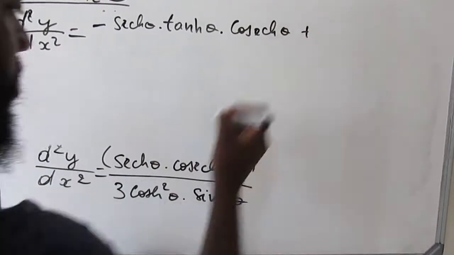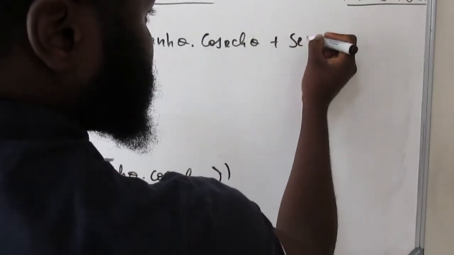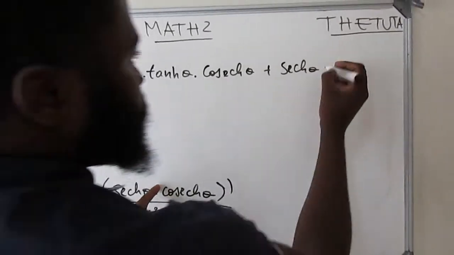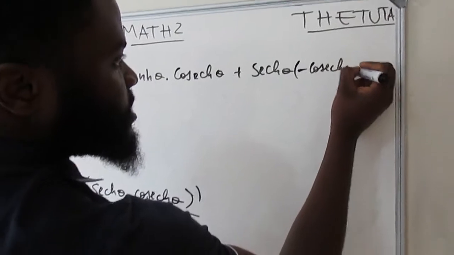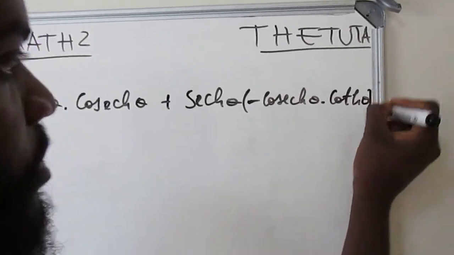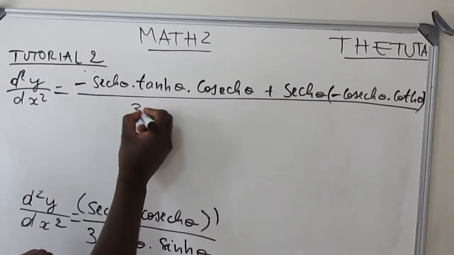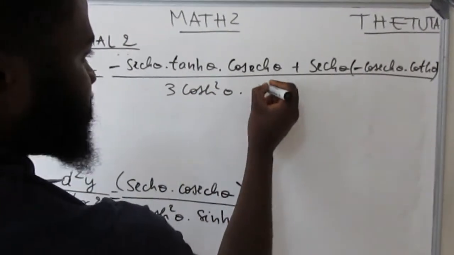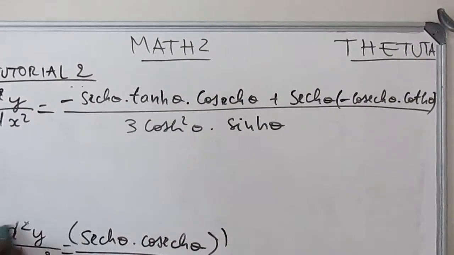Then plus, we take the sec of theta, we don't derive it, then you only derive cosec, which is negative cosec of theta multiplied by cot of theta. All of this over 3 cosh squared of theta multiplied by sinh of theta.